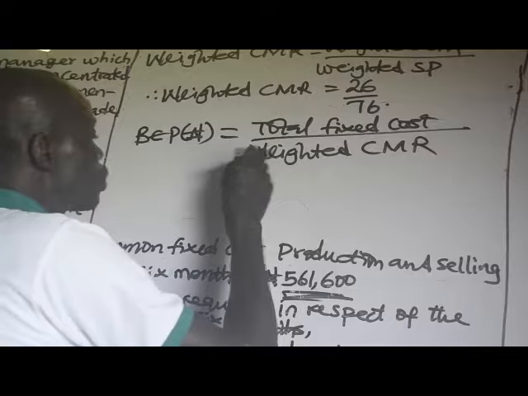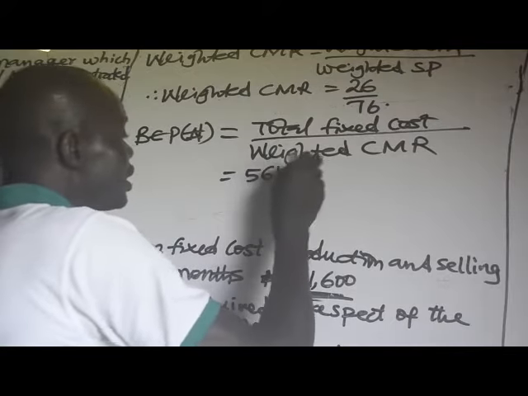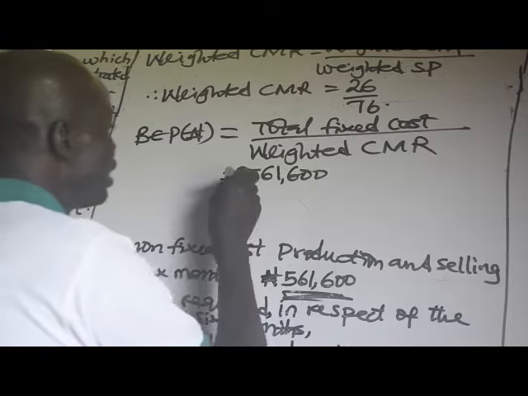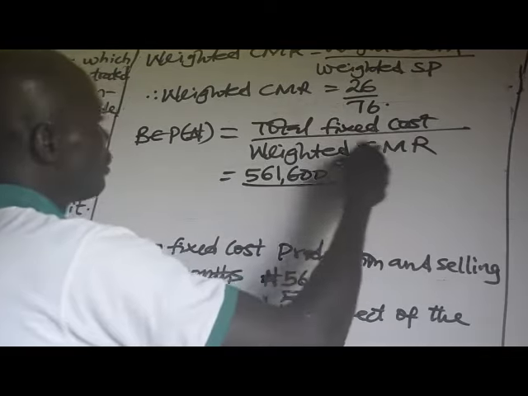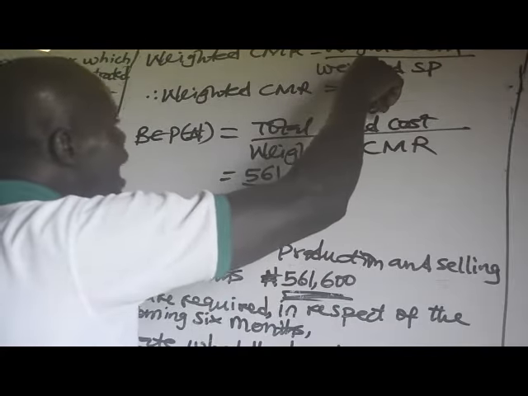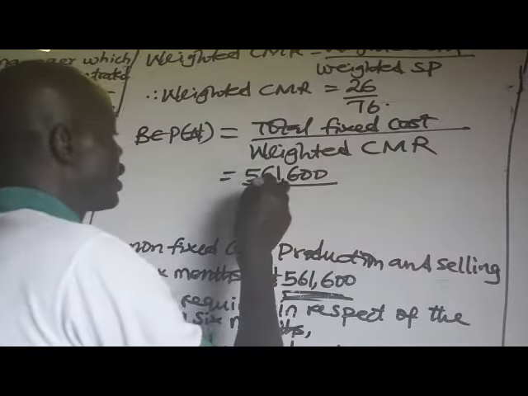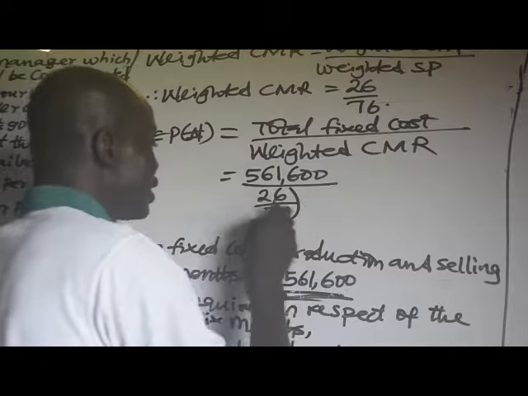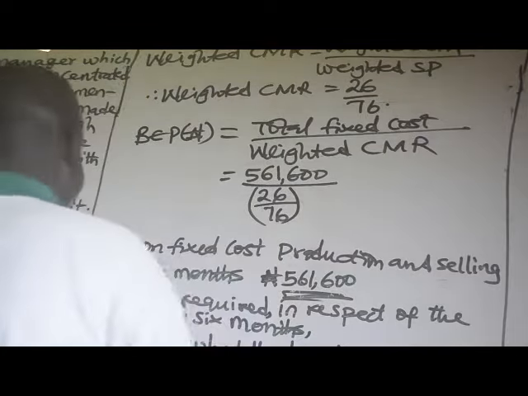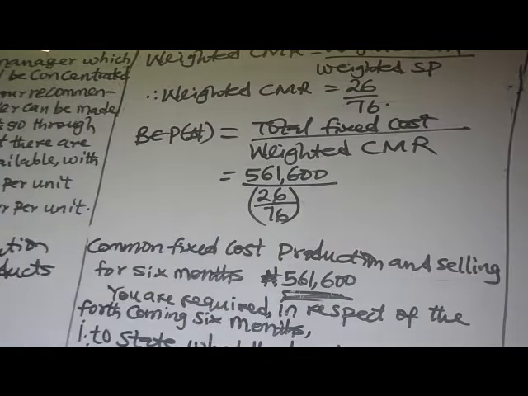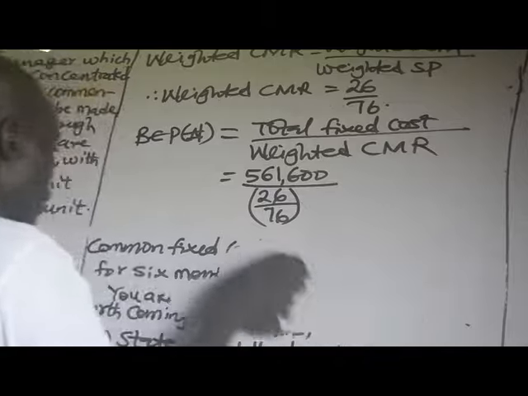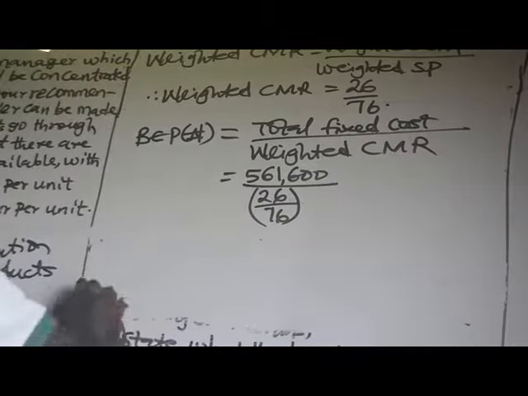So 561,600 over weighted CMR. And our weighted CMR is 26 over 76. This line is a dividing line. So that means you want to divide.